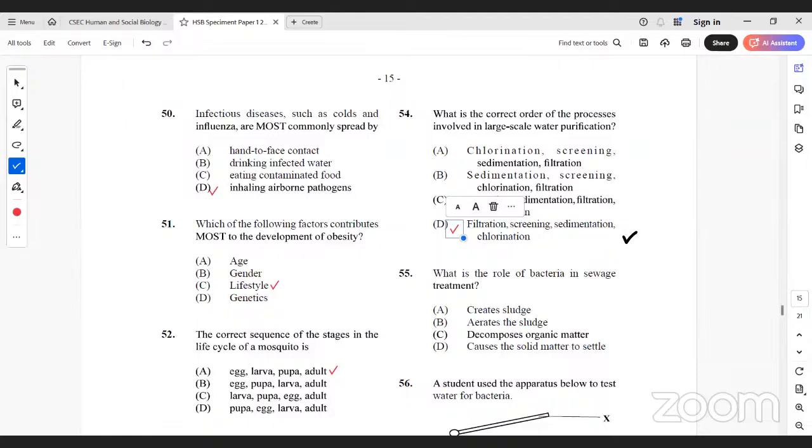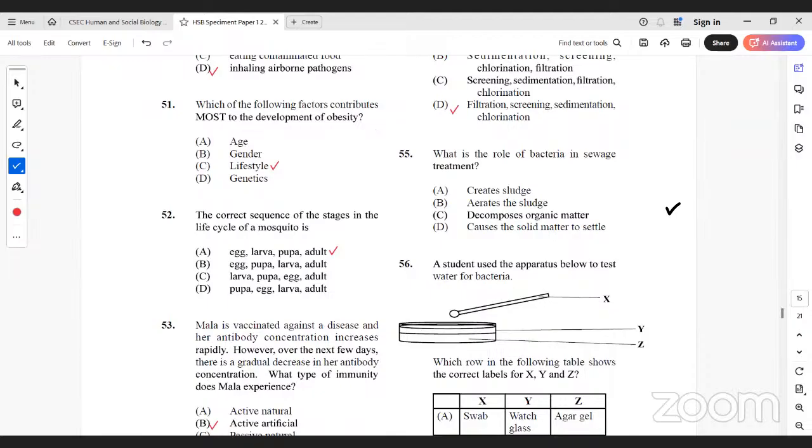This is the only one that has filtration up front. So that's an easy giveaway. If you start with chlorination, chlorination should be last. So A is obviously the most wrongest answer.